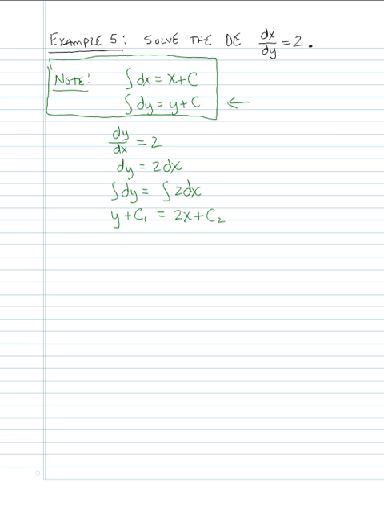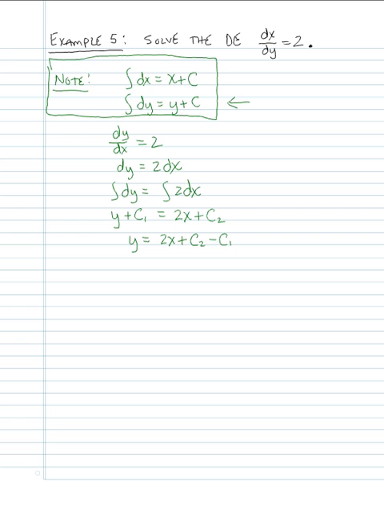Now, remember, the solution to a differential equation is a function, y is equal to, or some implicit relationship. So I want to solve this for y. So I'm going to subtract that c sub 1 on both sides. So I have y is equal to 2x plus c sub 2 minus c sub 1. Now, here's the next thing, and after a while, when we get some experience, we're going to shortcut this.